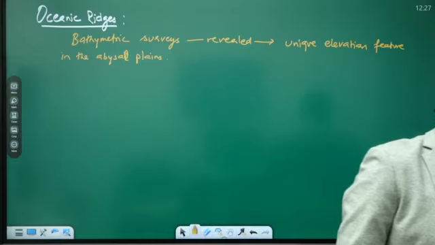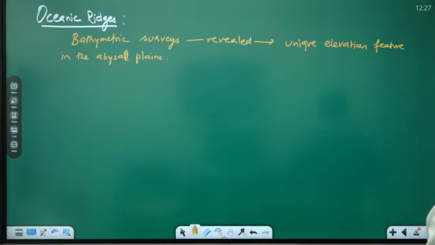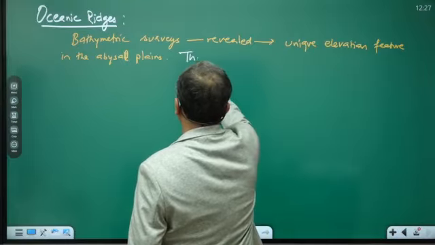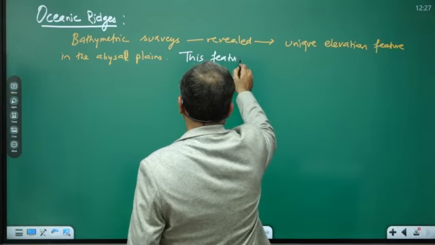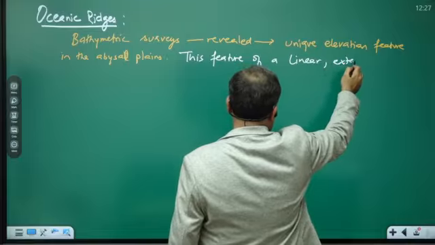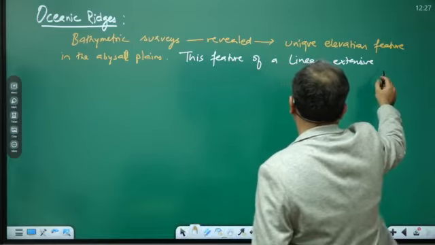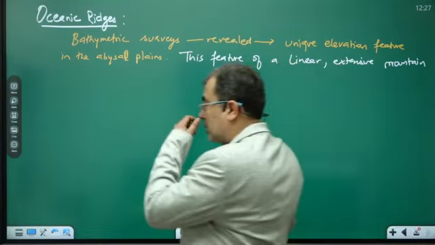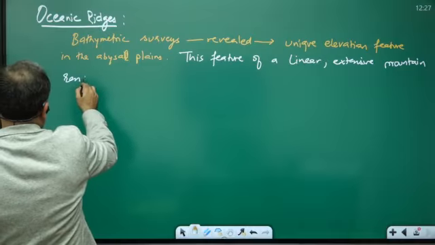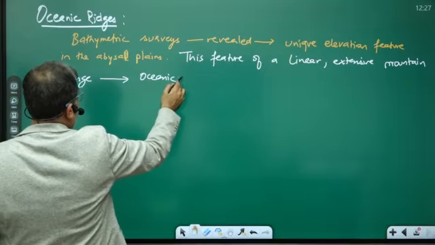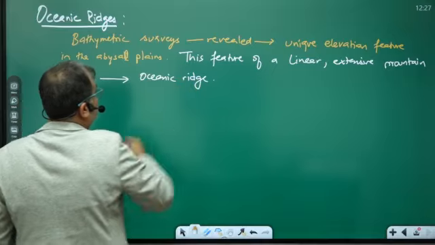This feature of a linear extensive mountain range was referred to as the oceanic ridge.